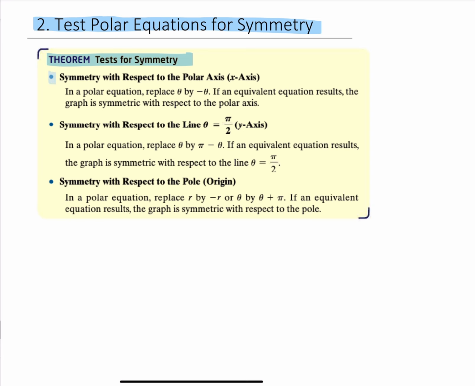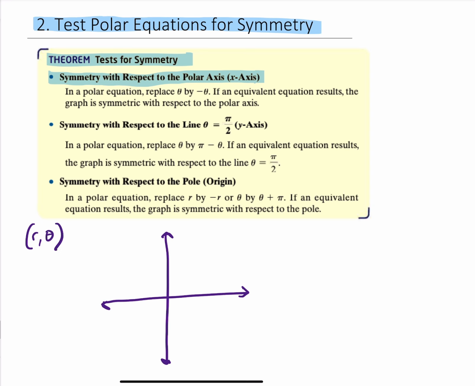If something is symmetric with respect to the x-axis, which we would call the polar axis in polar coordinates, and remember in polar coordinates, it has some radius and some angle, so we'll be dealing with angles. For something to be symmetric across the x-axis or the polar axis, you get the same value if you have some positive theta or some negative theta, some positive or negative angle.